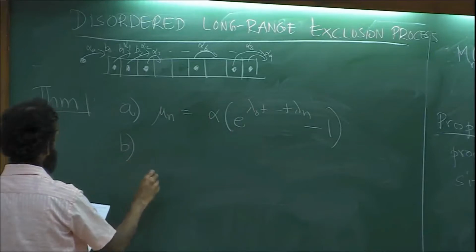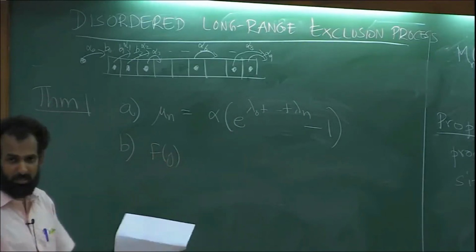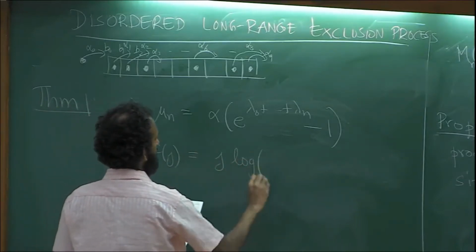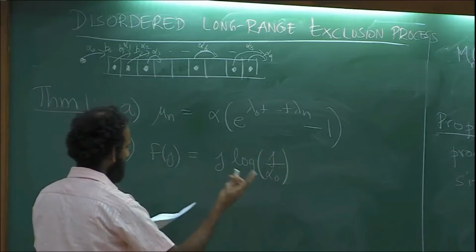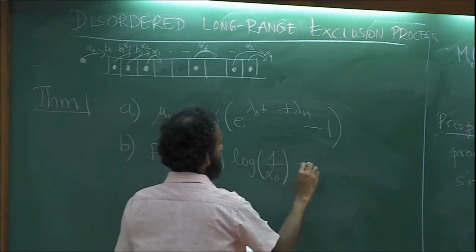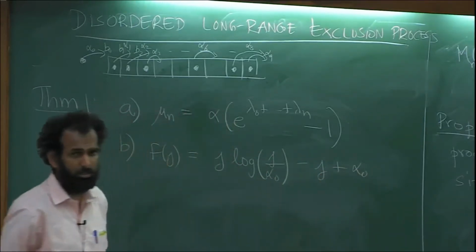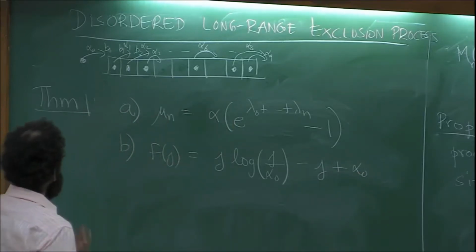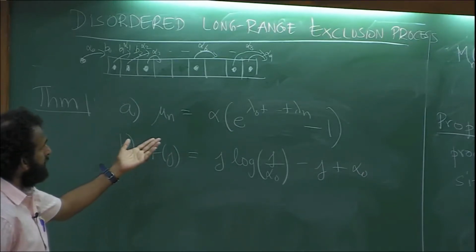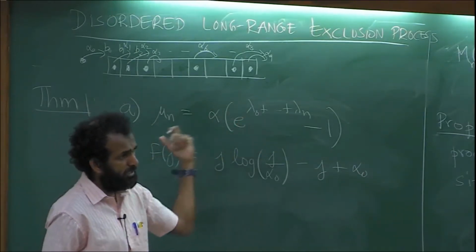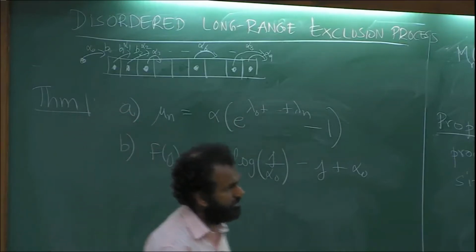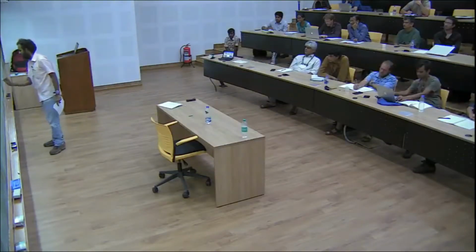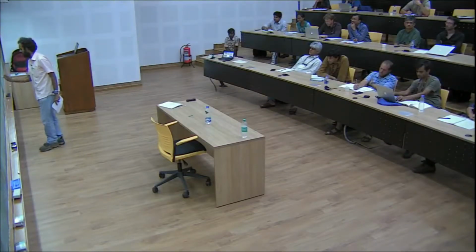And the large deviation function f of j is something that Stefano already wrote in the previous talk, j log j by alpha naught, where his formula corresponds to alpha naught equals 1, which I can set without loss of generality by rescaling time. So I should have said mu is also the joint cumulant generating function.